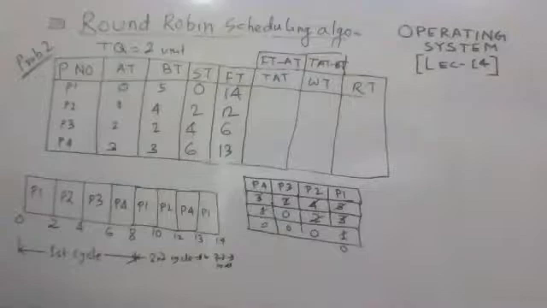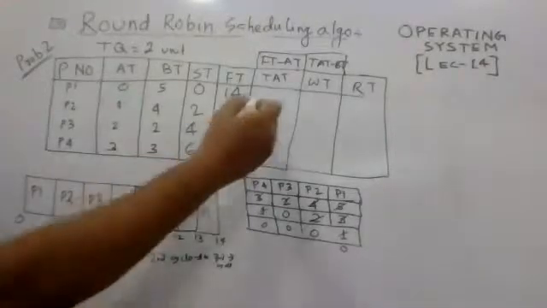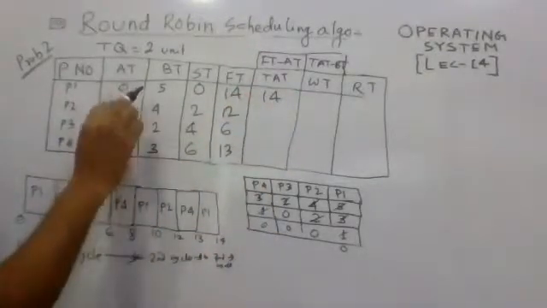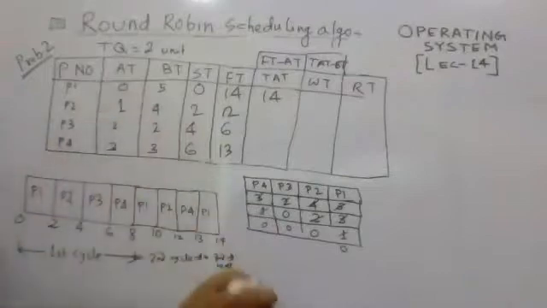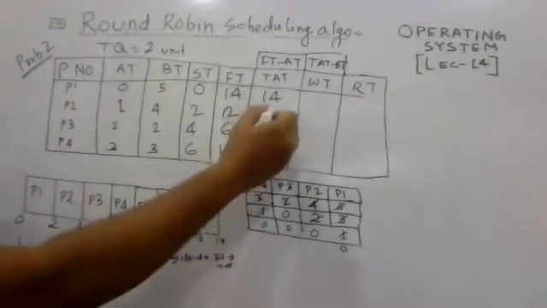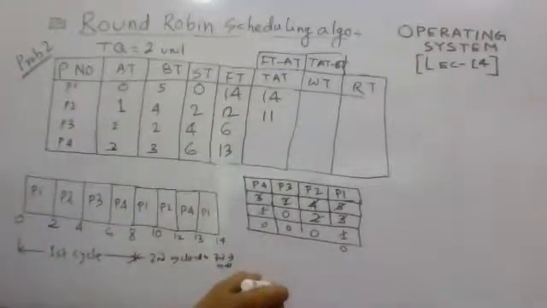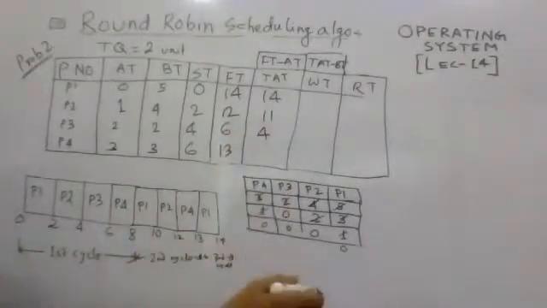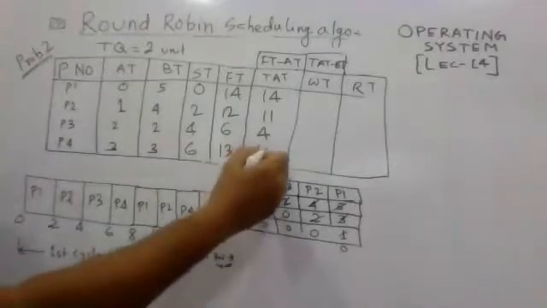Now, what about turnaround time? It is finish time minus arrival time. So 14 minus 0, that is 14. 12 minus 1, that is 11. 6 minus 2, that is 4. 13 minus 3, that is 10.